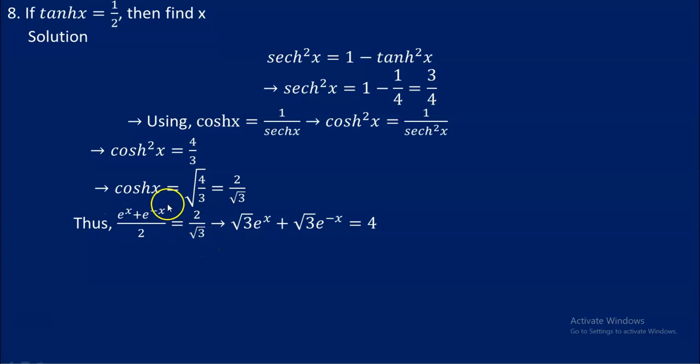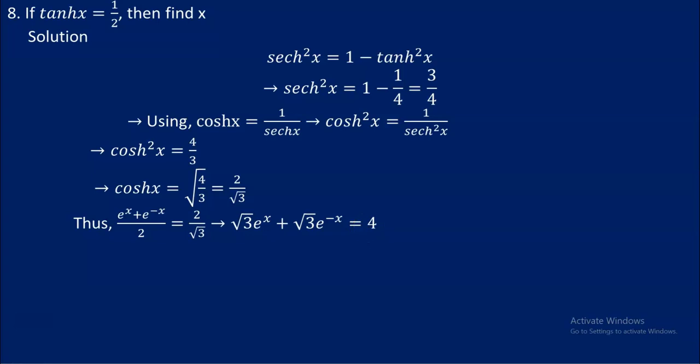Our intention is to determine the value of x. So in order to obtain this x, let's now try to apply crisscross multiplication. So radical 3 times e to the power of x is going to be radical 3 e to the power of x. And radical 3 times e to the power of minus x is going to be radical 3 times e to the power of minus x. Here 2 multiplies 2 and we will obtain 4.